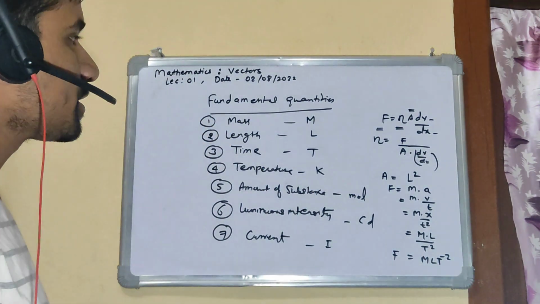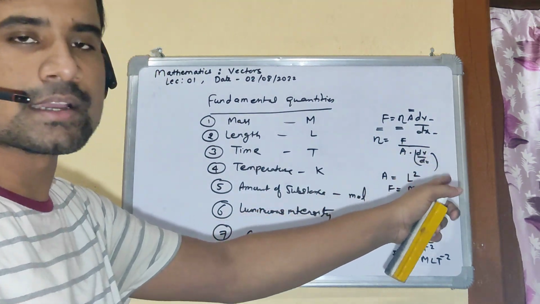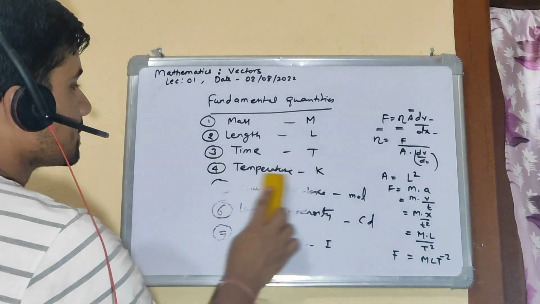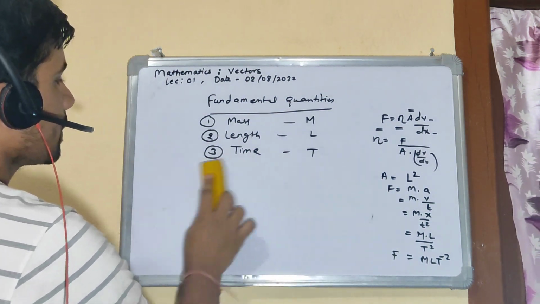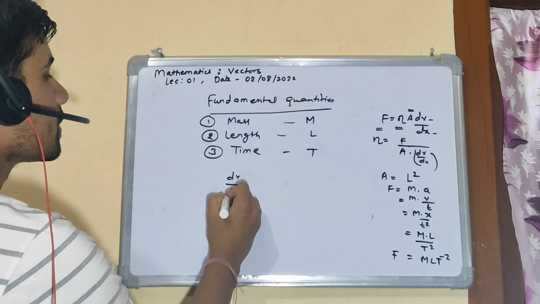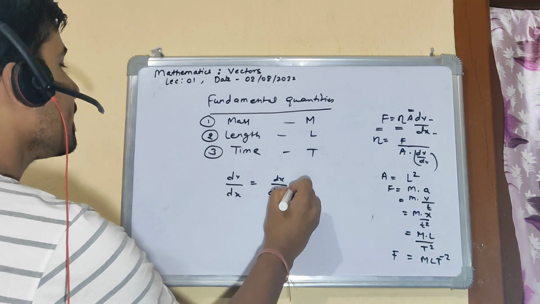Okay. Now the third quantity is very simple. It is dv by dx, velocity by distance, right? Velocity is again dx by dt, and into dx, right?